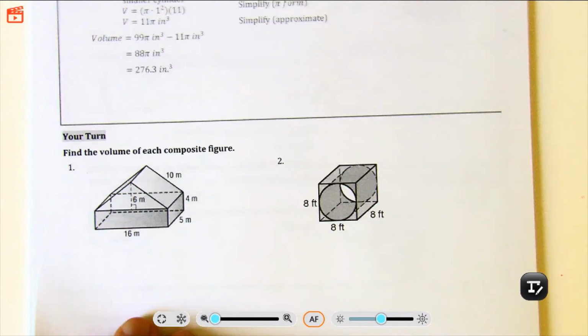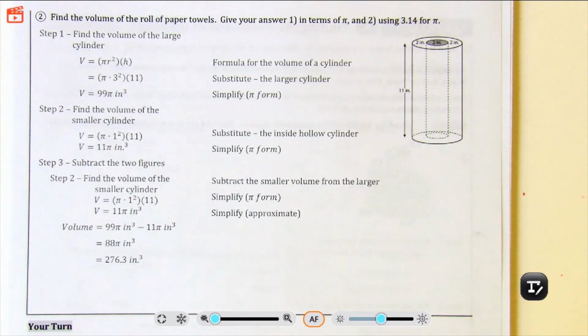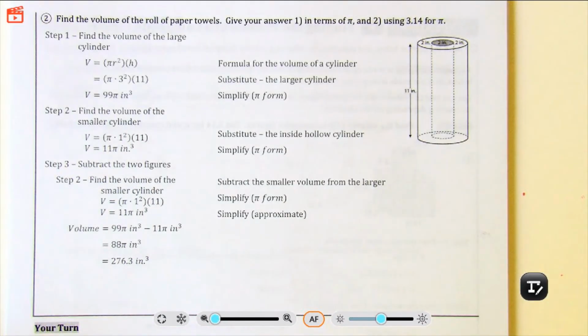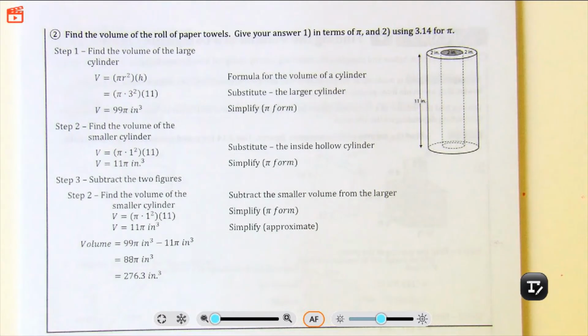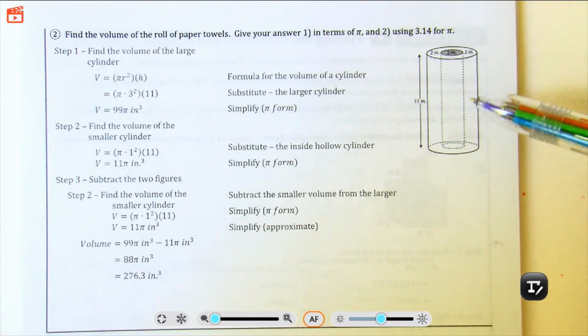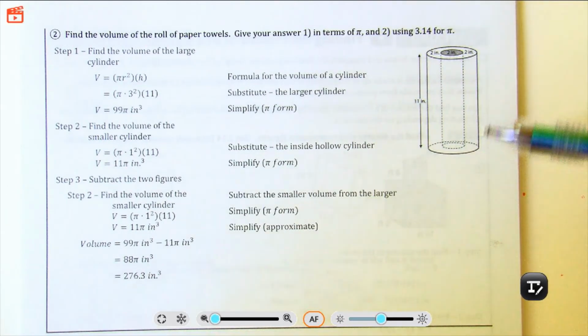Okay, we're going to look at one more example. Now in this example, this is a composite figure as well, but the only difference is we have to remove a certain volume within the volume. So imagine you have a roll of paper towels, and with the roll of paper towels you notice that there's a hollow center inside, and that is what this is.